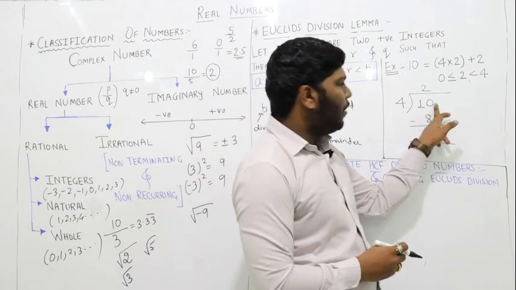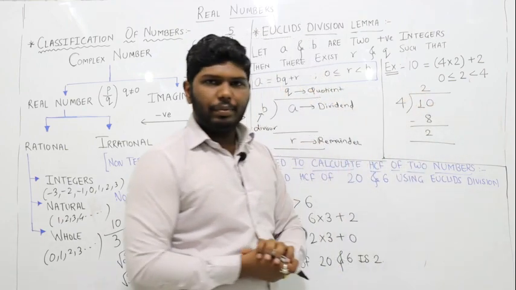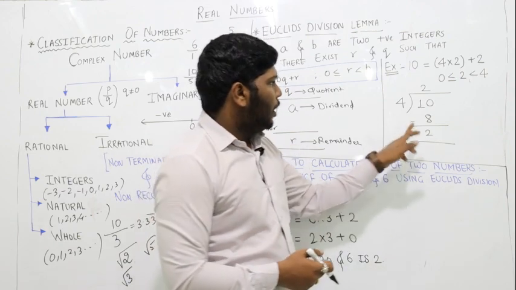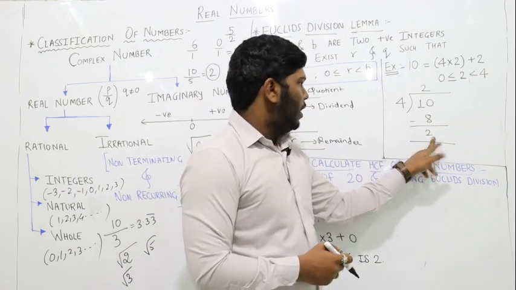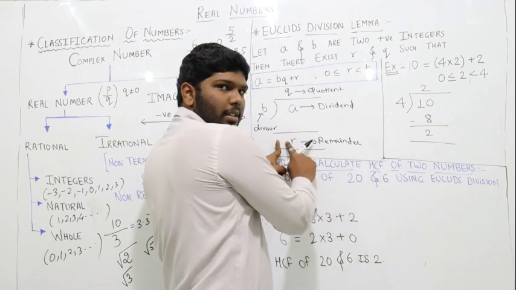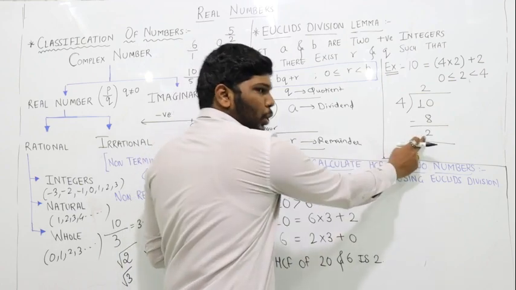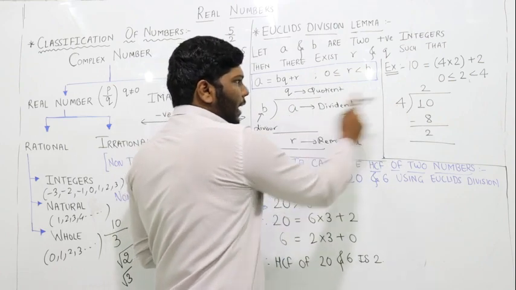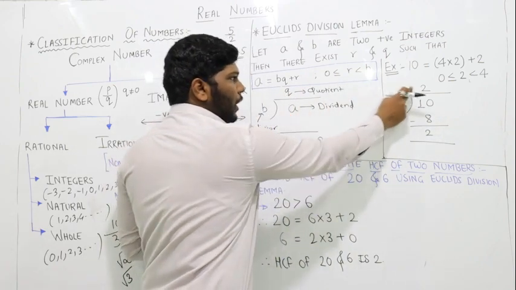So let us take one more example where we can show you the exact proof. Like if I divide 10 by number 4, we know that 4 2s are 8 and the remainder is 2, right? So what is the remainder here? 2. If I compare these things, the value of r is 2, the value of b is 4, the value of a is 10 and the value of q is 2.